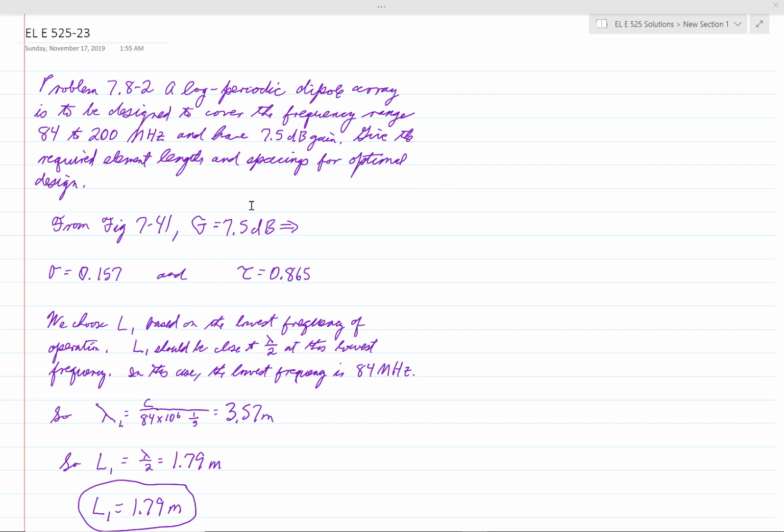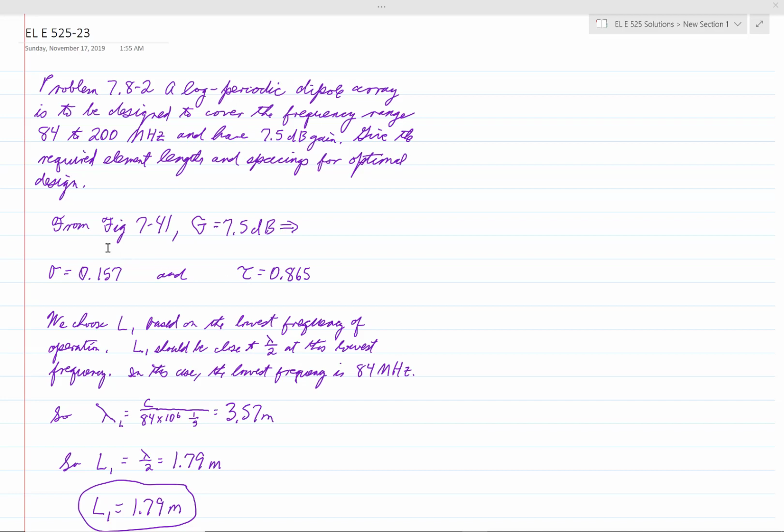So the first thing you need to do in these problems is to look at the given gain, which in this case is 7.5 dB, and then look at figure 7-41, which is on page 258 in your textbook. Now, from that figure and from the given gain, you can read off the two parameters that you need, which are sigma and tau.